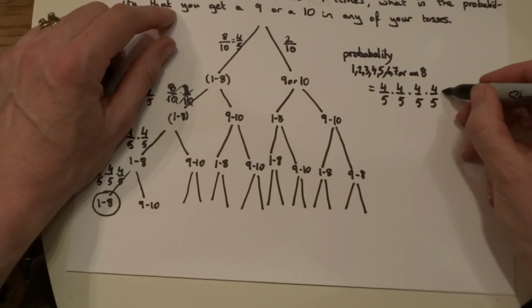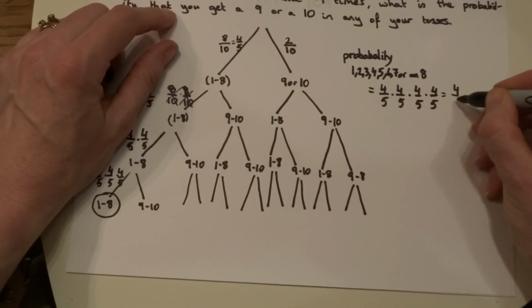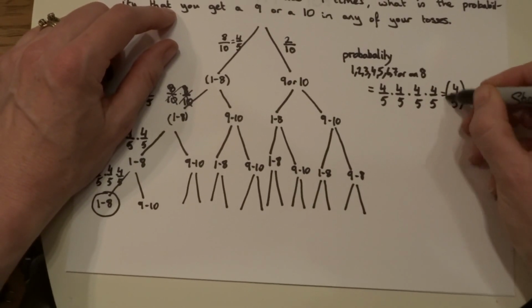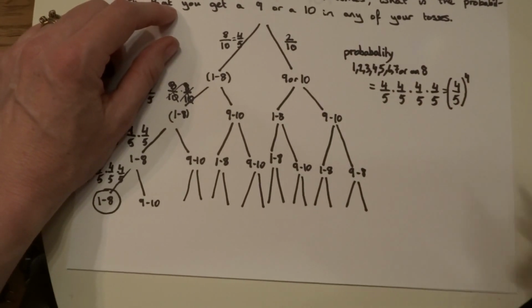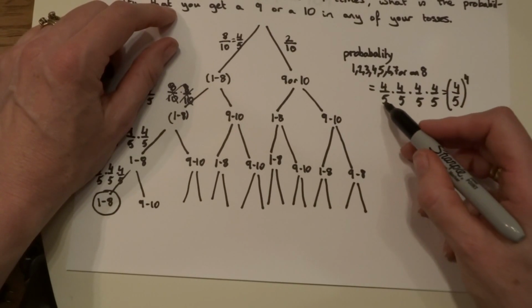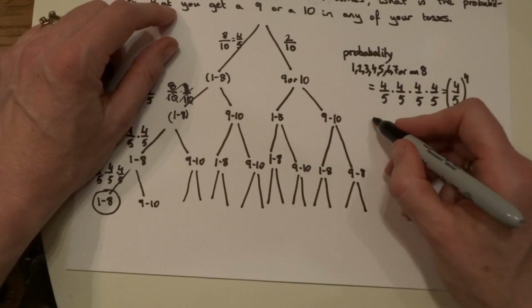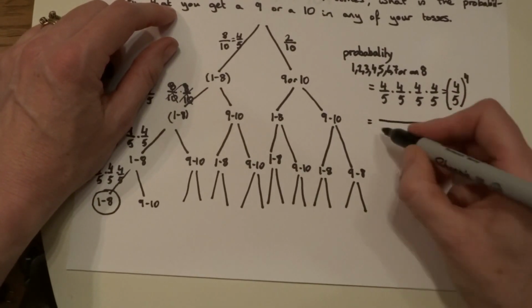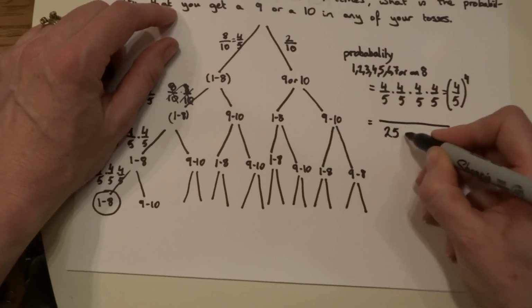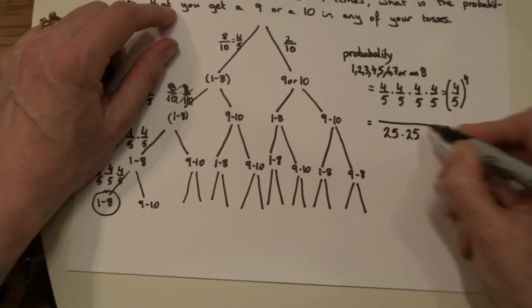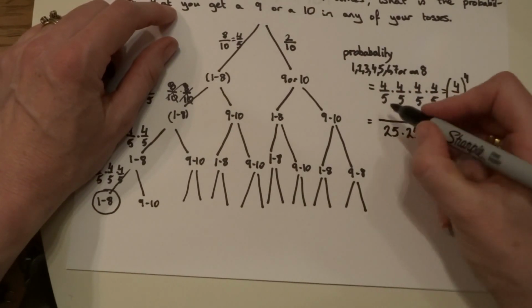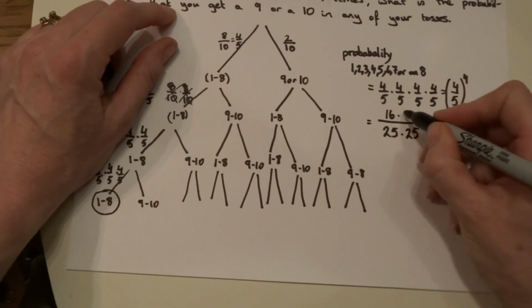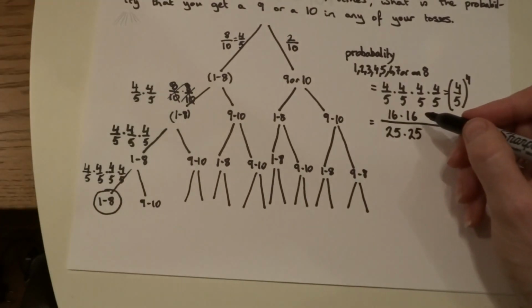Okay, which is the same as 4/5 to the power of 4. We can write that in maths terms as well. Okay, what would we do here then? Well, 5 times 5 is 25. So we get 25 times 25. Up at the top here, we've got 4 times 4 is 16 times 16.